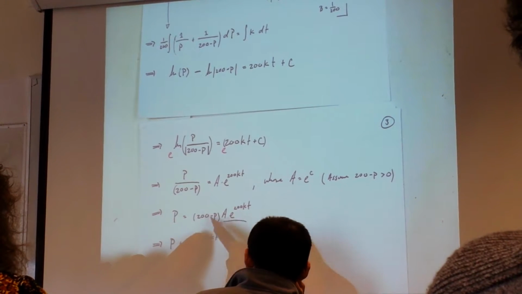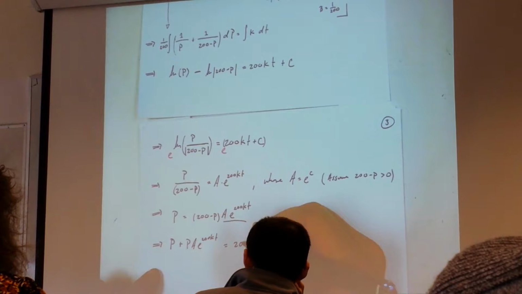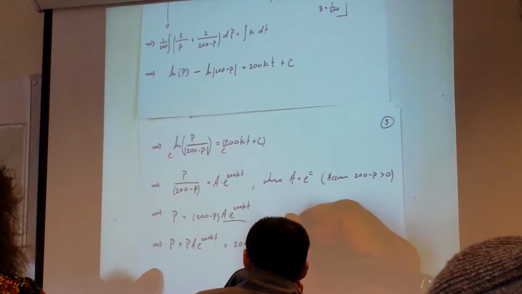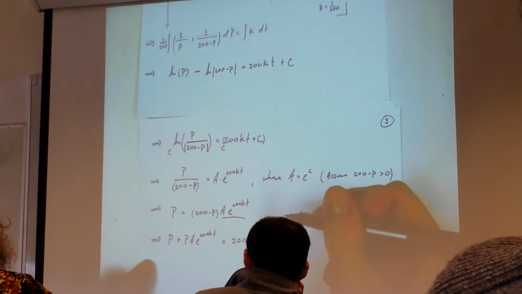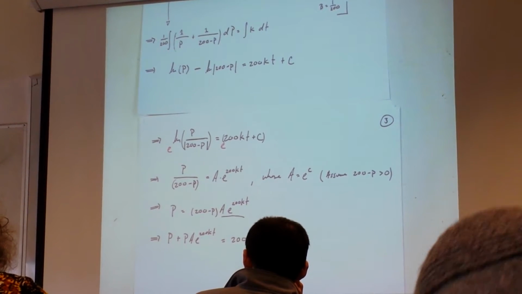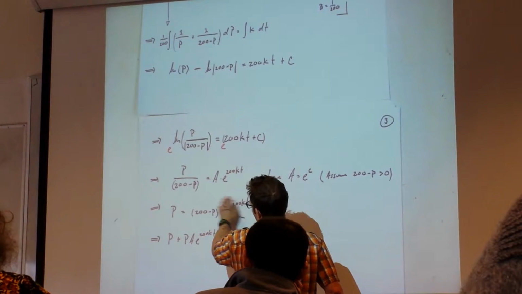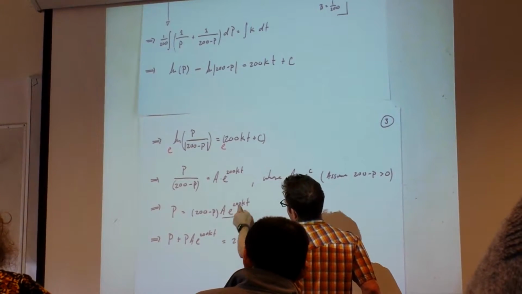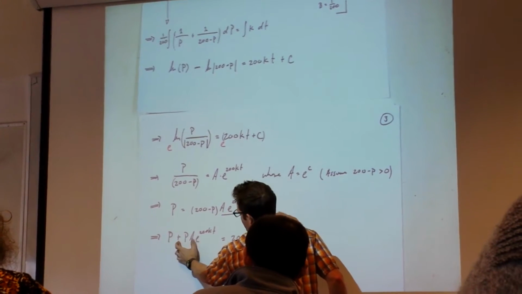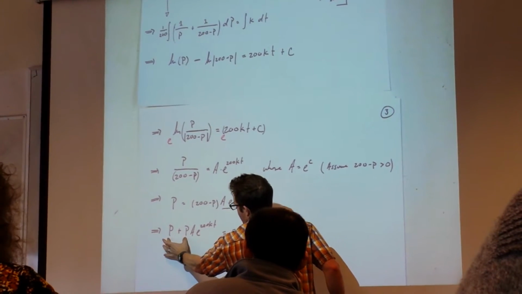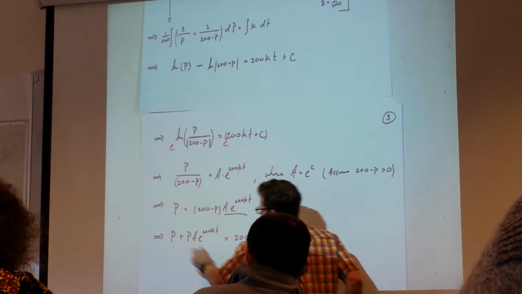And over here I'm going to have just 200 a e to the 200 kt. Okay, good. This one is solvable for p. Imagine distributing that, I'd have a minus p a e to the 200 kt. I added that to the other side to make it positive. Good thing is, these terms both involve p. Let's factor that.